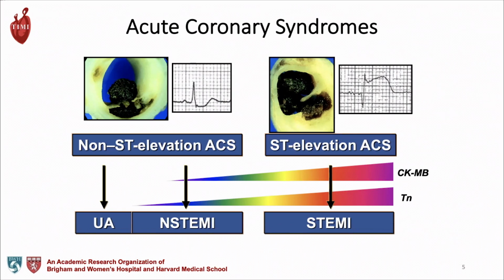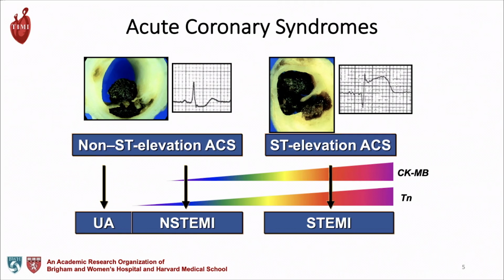In the case of non-ST segment elevation acute coronary syndromes, there's some disruption of an atherosclerotic coronary plaque, either through plaque rupture or plaque erosion, that leads to in situ thrombus formation. And that coronary thrombus is flow limiting, but not completely occlusive of the coronary artery, which results in subendocardial myocardial ischemia distal to that stenosis.